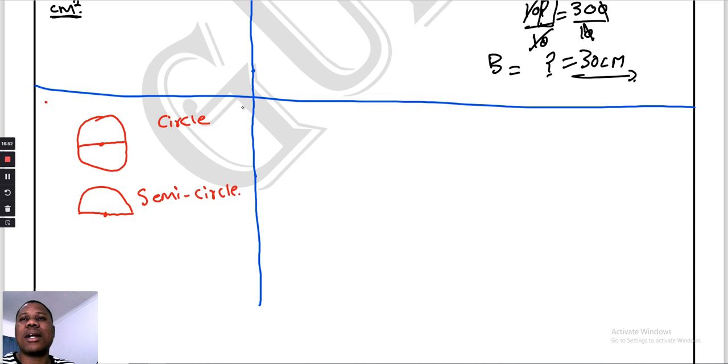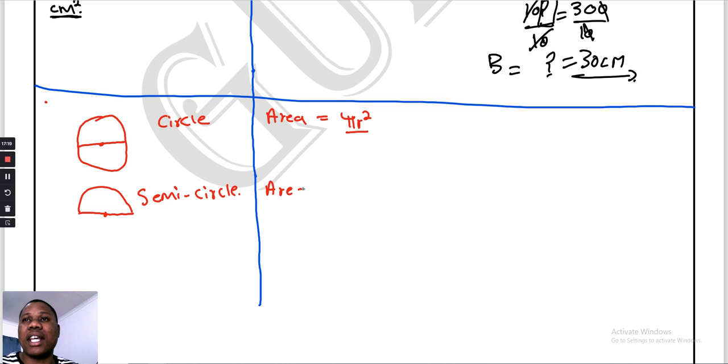Okay, so how do we calculate the area of a circle? Area of a circle is calculated by saying area is equal to pi r squared. Okay, so this formula is to calculate the area of a full circle. So how can we then calculate the area of half of a circle?